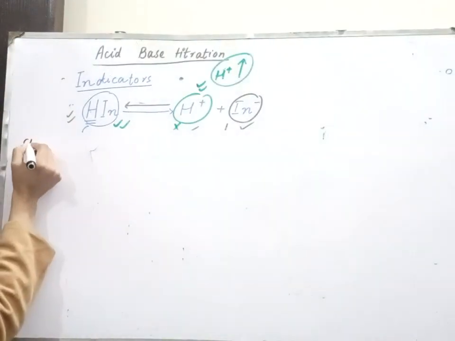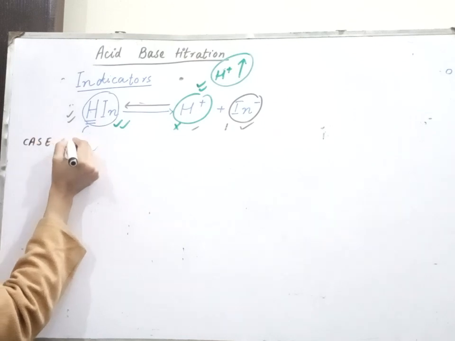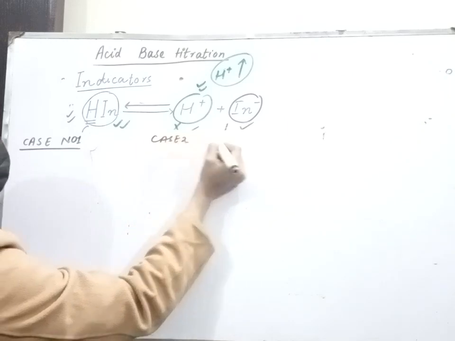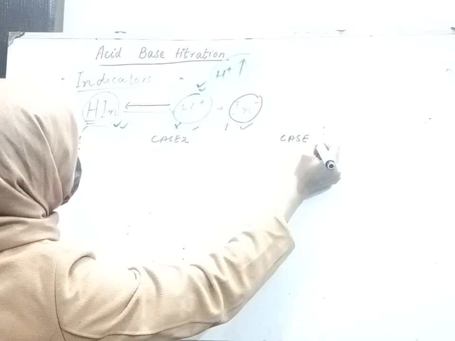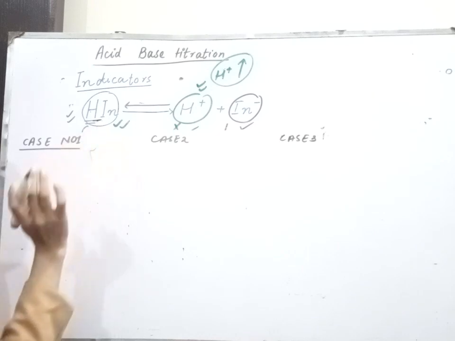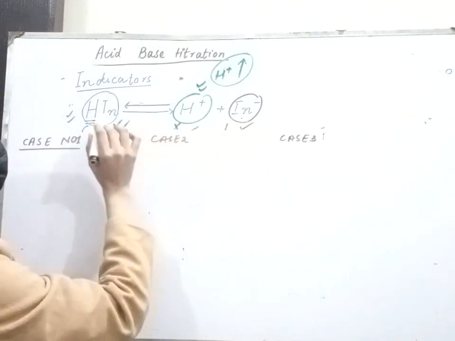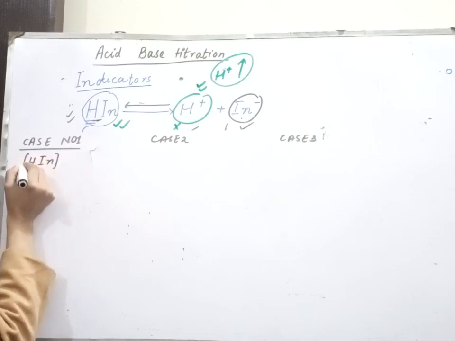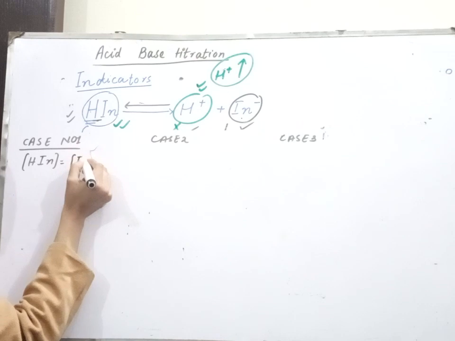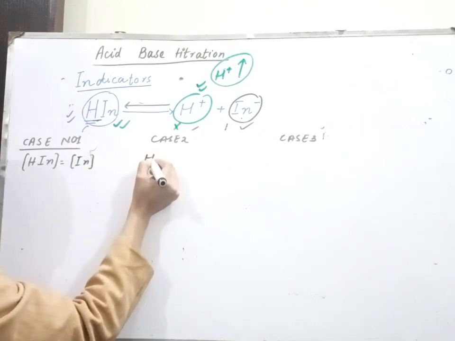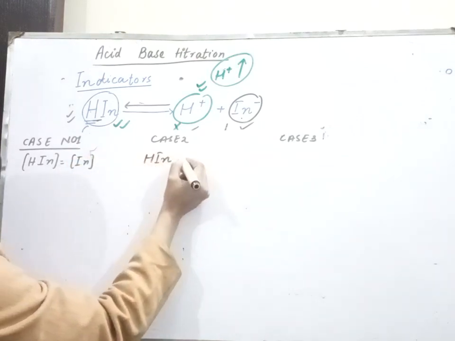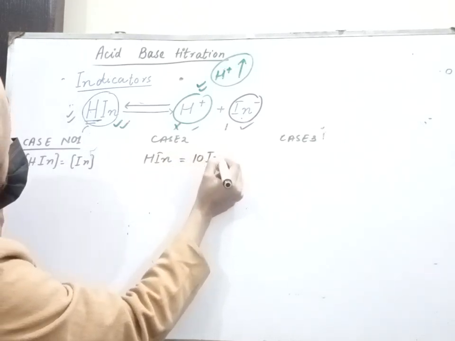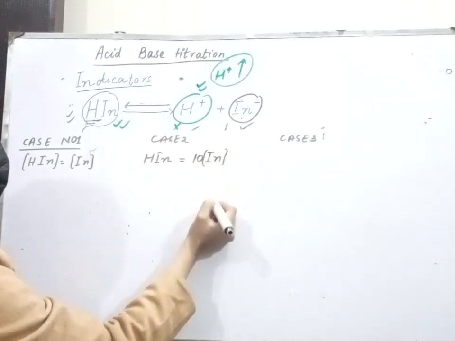So case number 1, case number 2, and case number 3. In the first case, you have to focus on the conjugate acid base pair. First, the concentration of HIn will be equal to the concentration of In. Second, the HIn concentration is greater than In, 10 times greater than the In negative concentration.